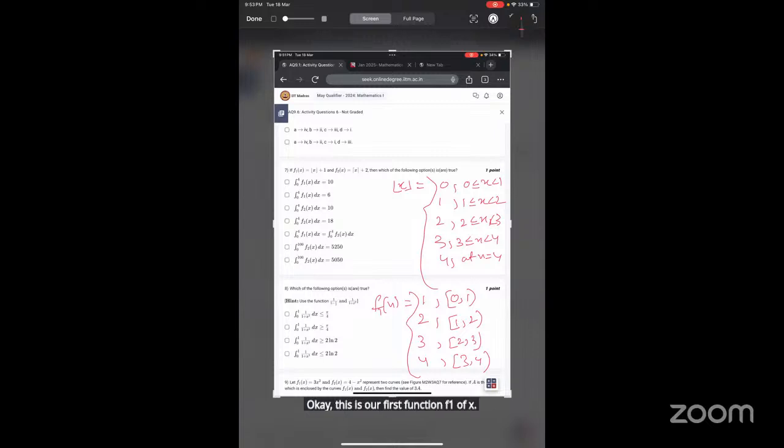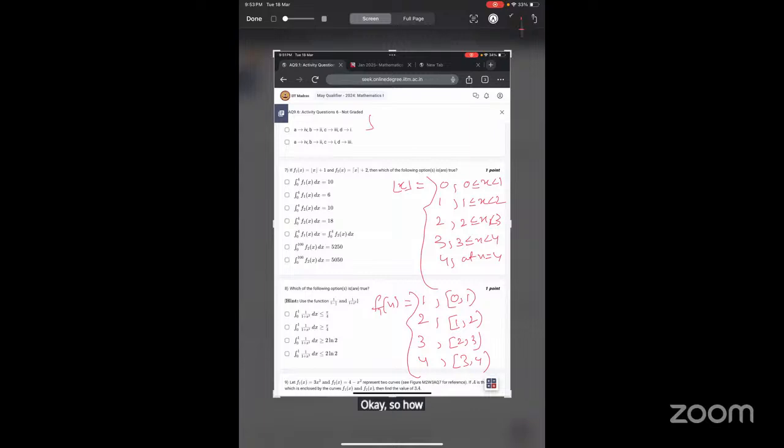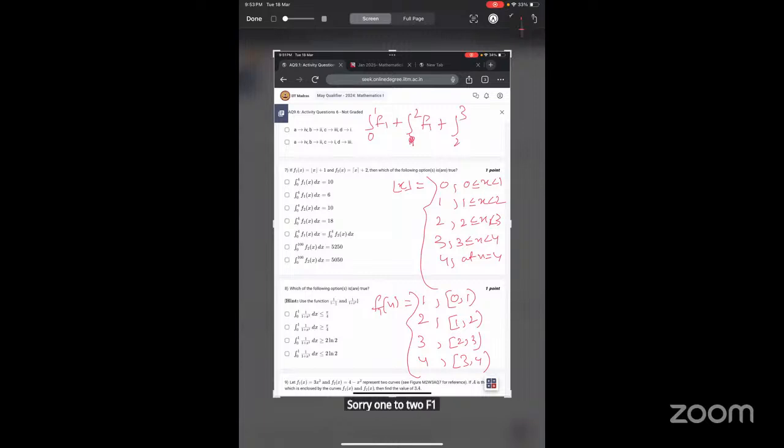Now, the first answer should be correct. Addition 1 plus 2 plus 3 plus 4 will get 10. Okay, so how can we do that? If I have 0 to 4, we can first break it: integration 0 to 1 of f1 plus 1 to 2 of f1 plus 2 to 3 of f1 plus 3 to 4 of f1.